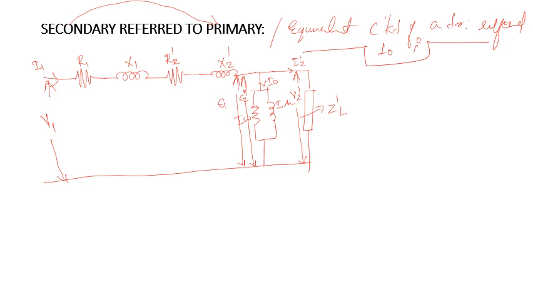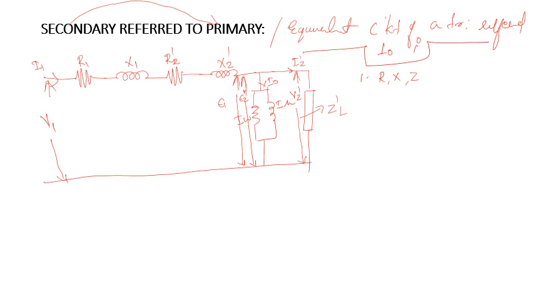Now it is referred to the primary. Okay. To convert all the things from the secondary to primary, we have to follow some rules. That is, first rule, if we consider the resistance, reactance or impedance or load impedance, whatever it is, we must divide these things by k square.